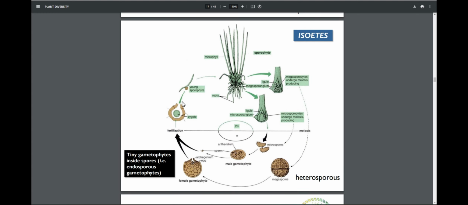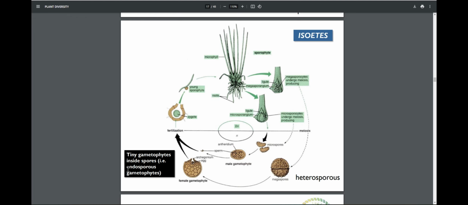This is the diagram of the reproduction cycle. The cycle: fusing and then growing into young sporophyte, growing to mature. The two different kinds of spores are produced, microspores and megaspores, and then the microspore grows into the male gametophyte, while the megaspore grows into the female gametophyte.